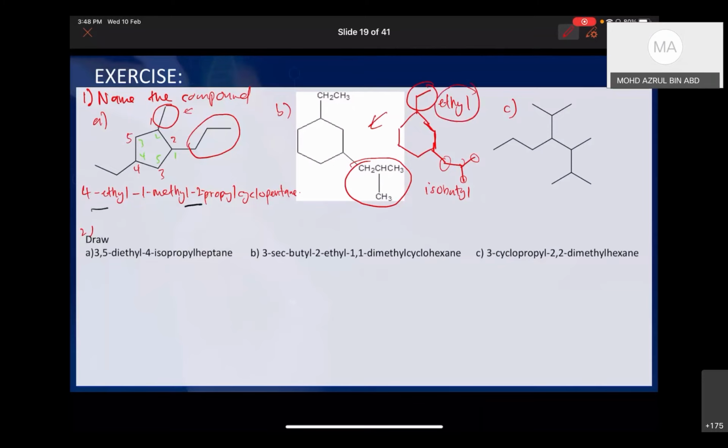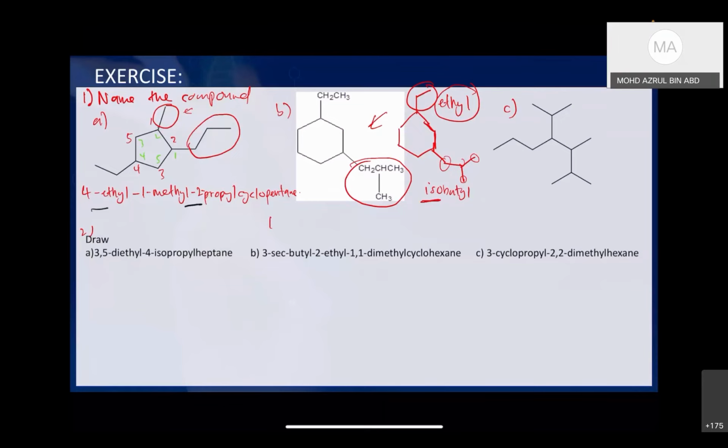We need to put the ethyl first because the iso is not counted as a prefix name; it counts as part of the name of this substituent. So we can name it as 1 ethyl, 3 isobutyl cyclohexane.